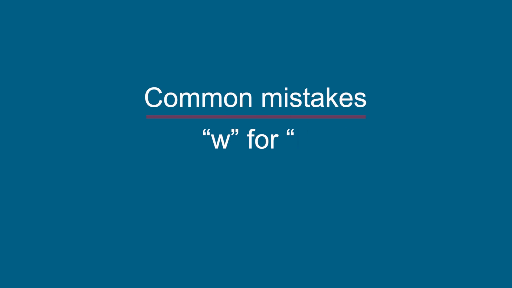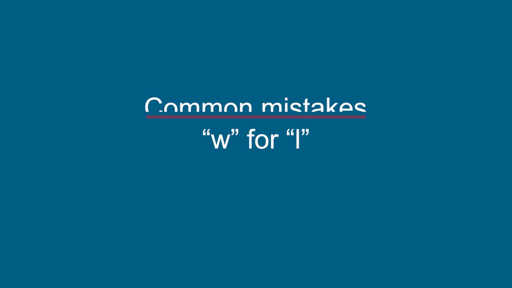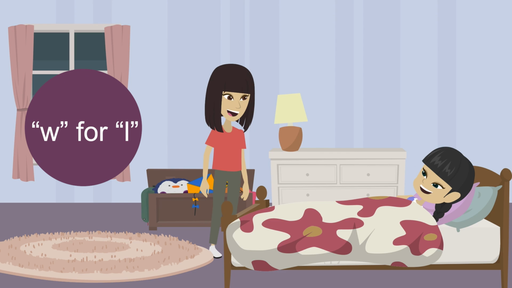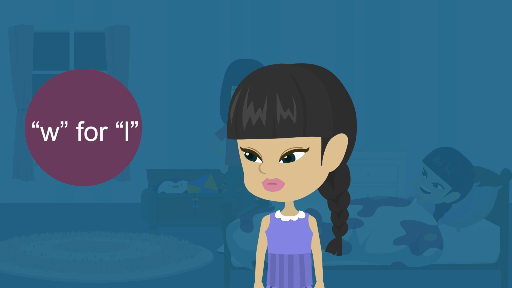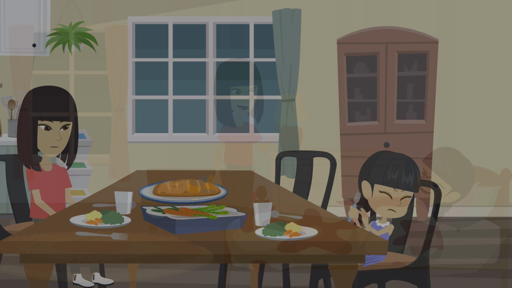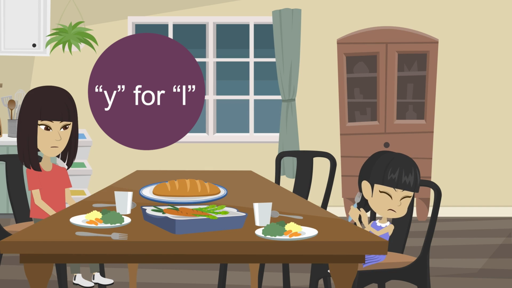When children are learning to talk, the most common mistake is making "w" instead of "ul". For example, they might say "white" for "light". This happens because children tend to round their lips instead of lifting the tip of their tongue up. Some children make a "y" instead of "ul".